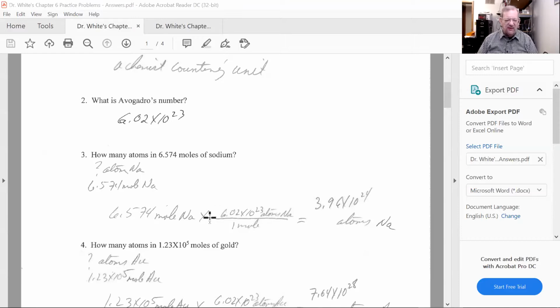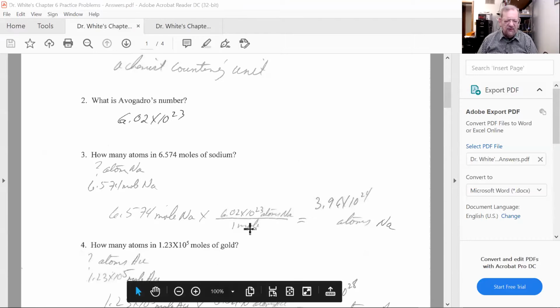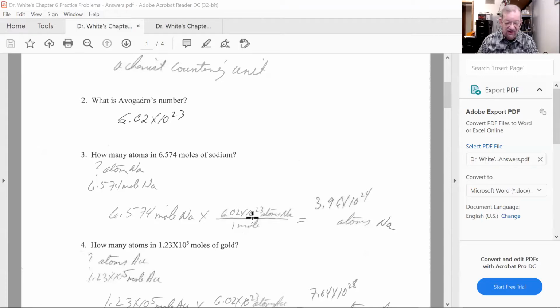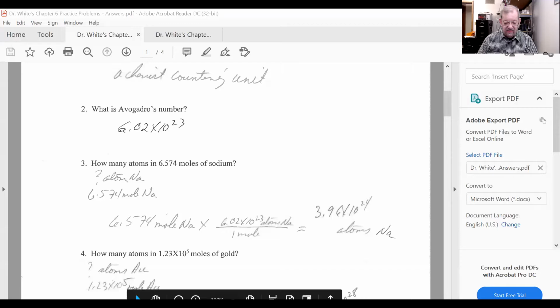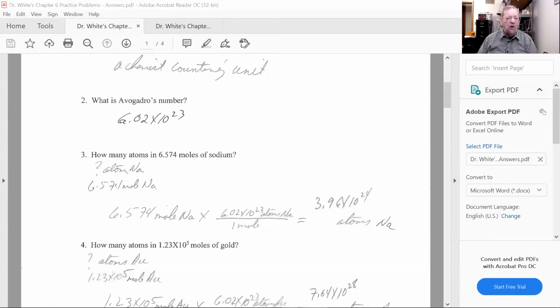Where do we get these numbers? Remember, when 2 things are equal, you can have 2 ratios. Where do we get a relationship between 1 mole, in this case of sodium, an element, and the atoms in a mole? If we look here, 1 mole of an element equals 6.02 times 10 to the 23rd atoms, Avogadro's number, of that element.